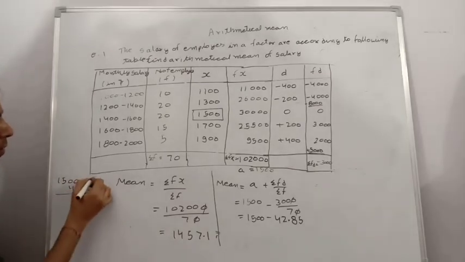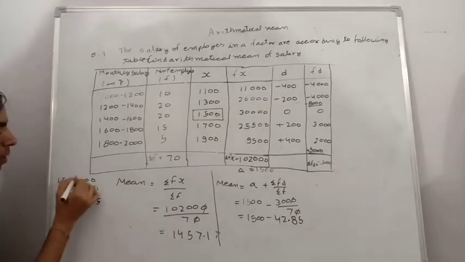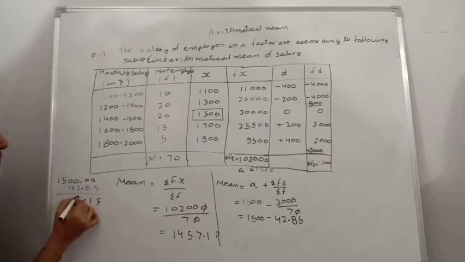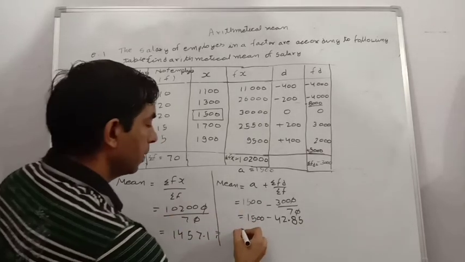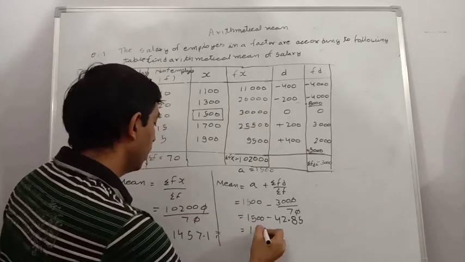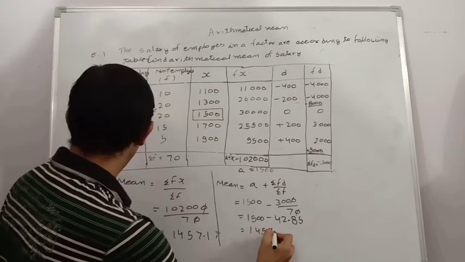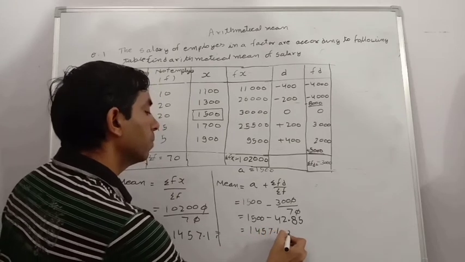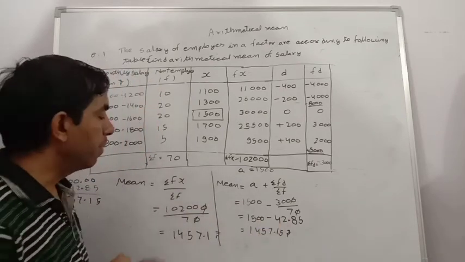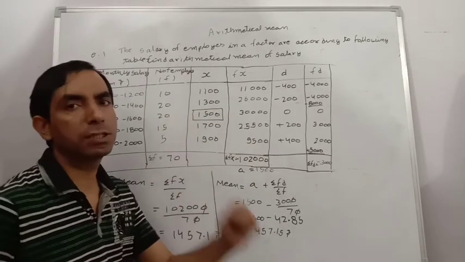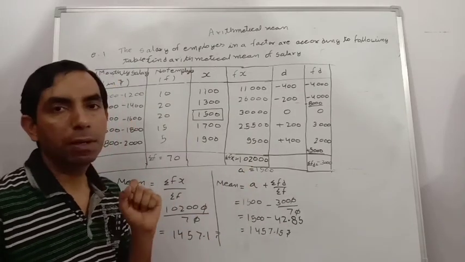Then subtract it from 1500, treating 1500 as 1500.00. After subtracting, here we get the answer 1457.15 rupees. Both answers are the same, with only some difference after the decimal point.